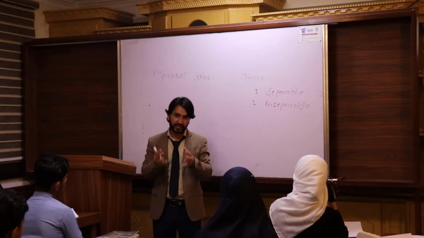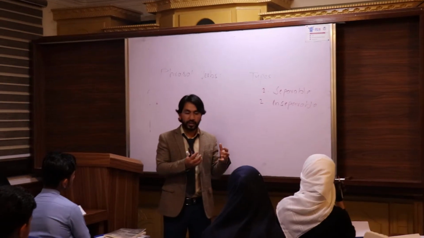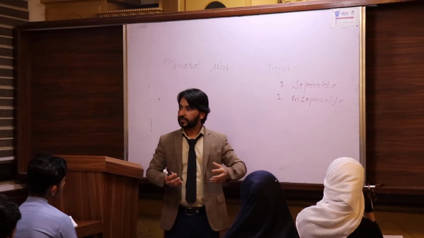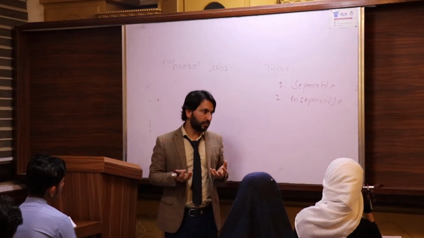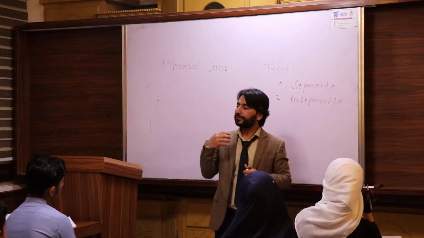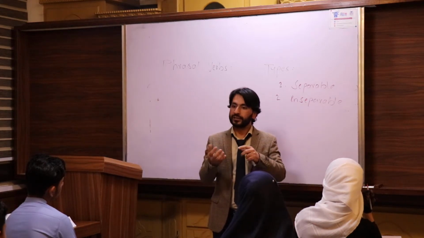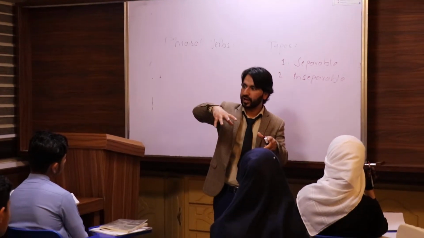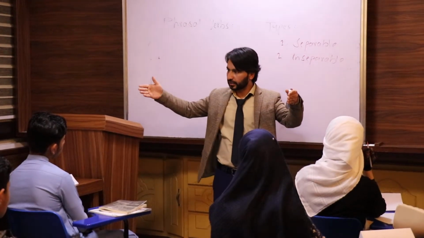Some phrasal verbs are transitive. When they are transitive, they are also called separable because they need an object in a sentence. By separable phrasal verb, we mean that they have an object and we insert that object between the verb and the particle.